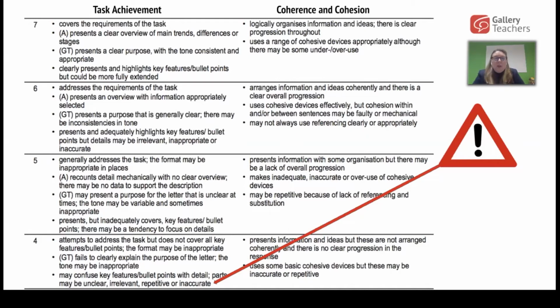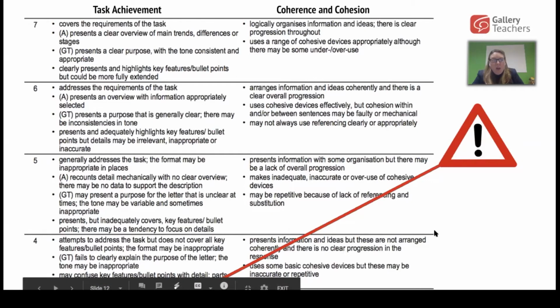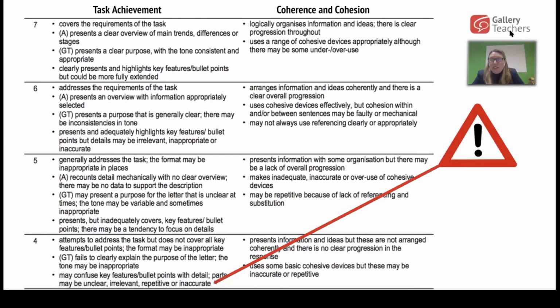Okay, so if we look at the requirements of the band 5, we have this, which is the fact that they recount detail mechanically with no clear overview, okay?